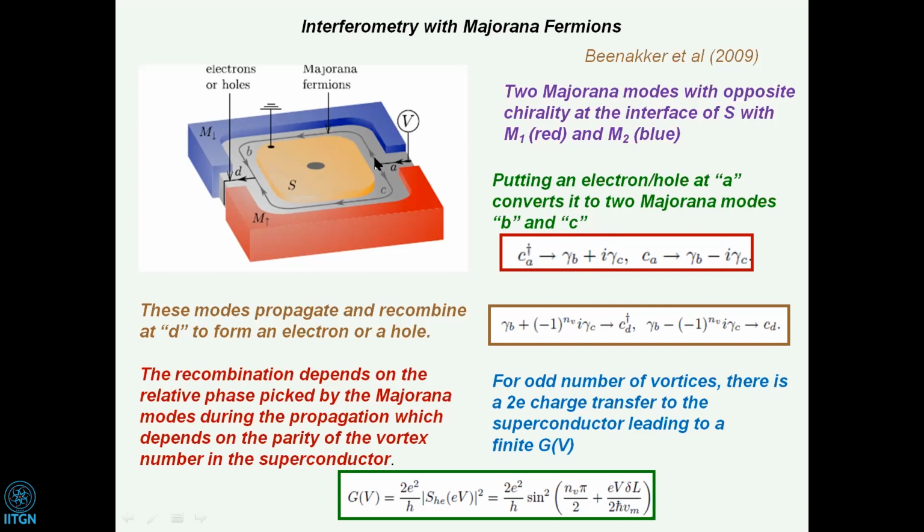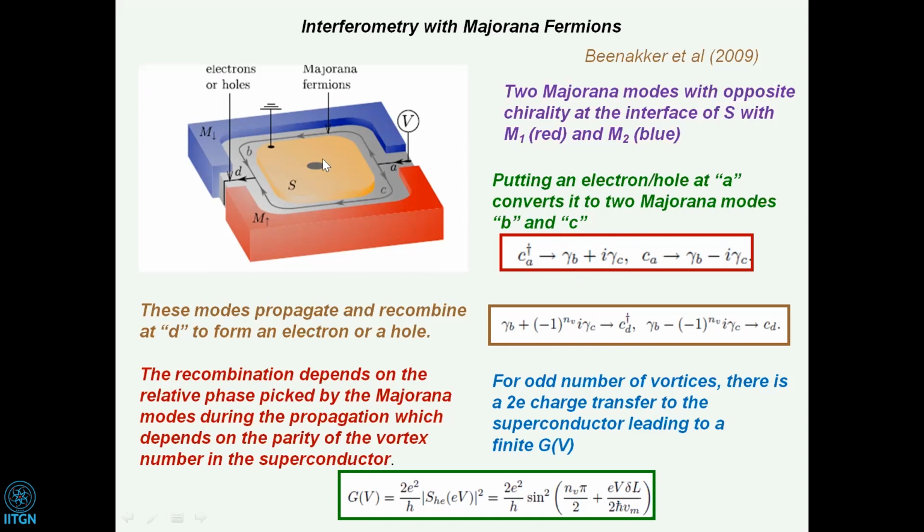But now these two, gamma B and gamma C, travel in opposite directions, and they reunite here. Now, normally, if there is an electron, it will come and unite as another electron.